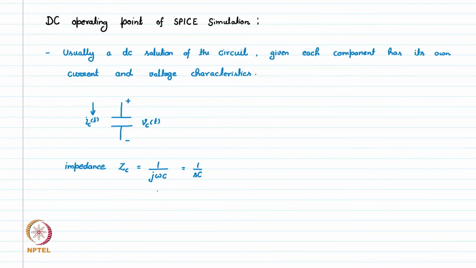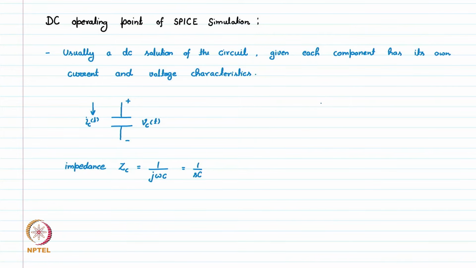However, if this omega or the frequency of the signal is very close to 0, or 0 in the DC case, then 1 over this 0 will give you a very high number. It means the impedance of this capacitor is very high at the DC operating point. So when we perform the DC simulation, SPICE is going to replace this capacitor with an open circuit.